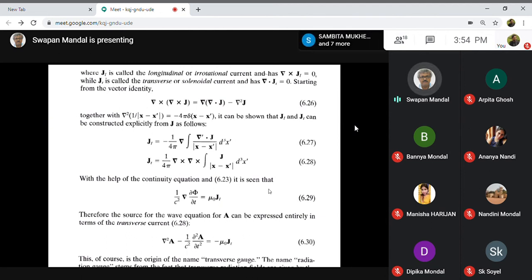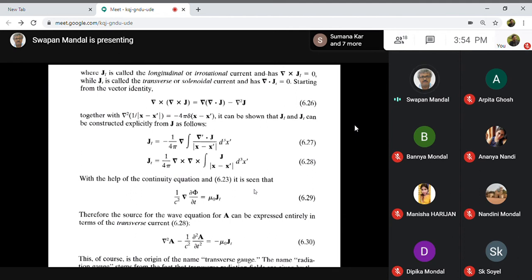How it helps us will be clear to you within a week. For the time being, take it from me that the Coulomb gauge is also called the radiation gauge because it helps us to quantize the electromagnetic field.